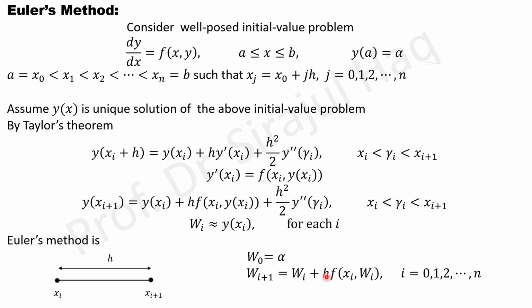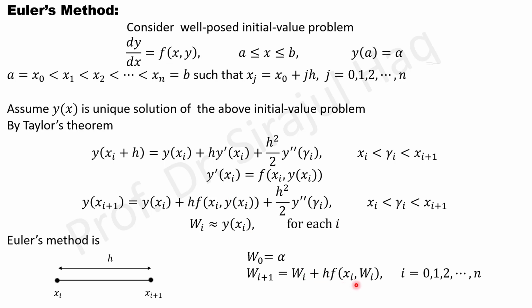You can see over here, and if you look at this function, this is the function at this point. Its x component is x i, so corresponding to x i, your solution is w i. And you can see in this function, y is the solution at x.